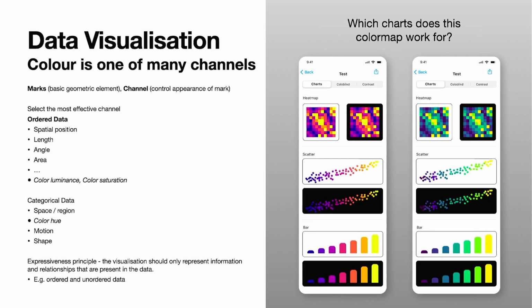Ordered data is data that would be ordered in a sequence, as opposed to data that can be divided into categories that doesn't have an order. There's a different set of channels that are effective for categorical data. And these different channels that you can use to represent your order or your category can be ranked by how effective they are.